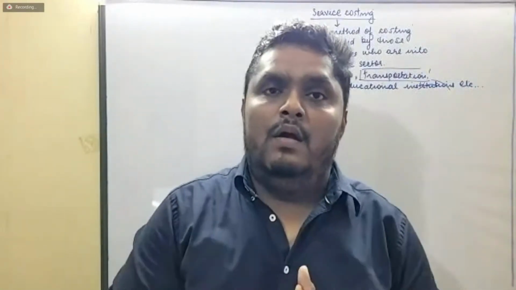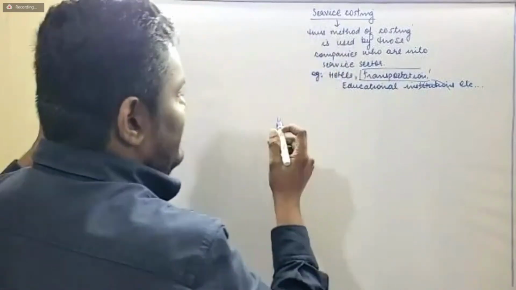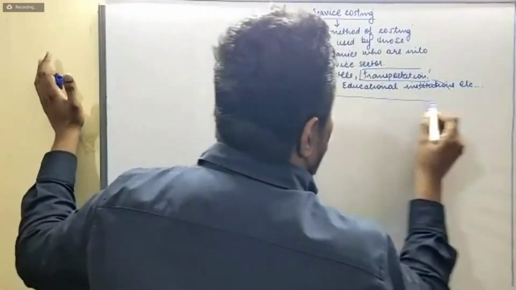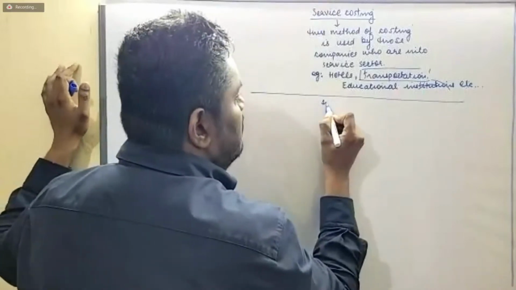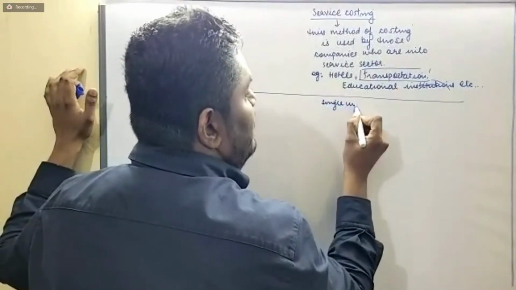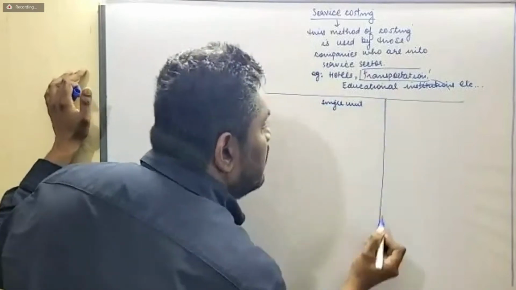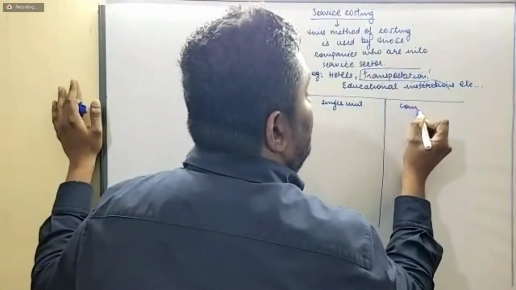Now, as I told you guys, there are two concepts that will be used in calculating cost per unit. That is single unit or composite unit.